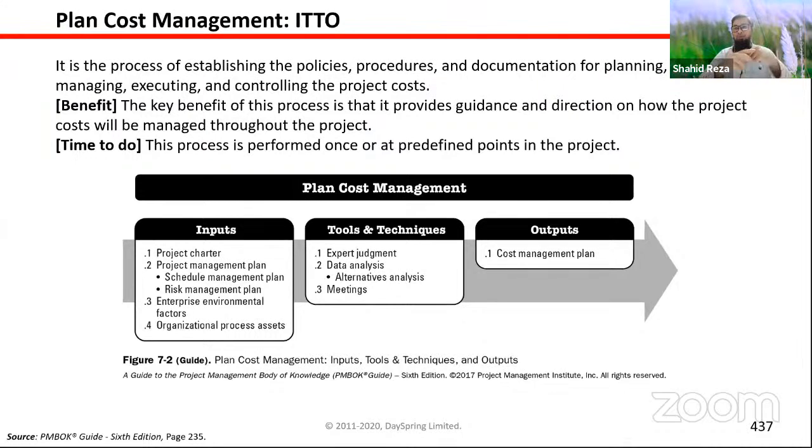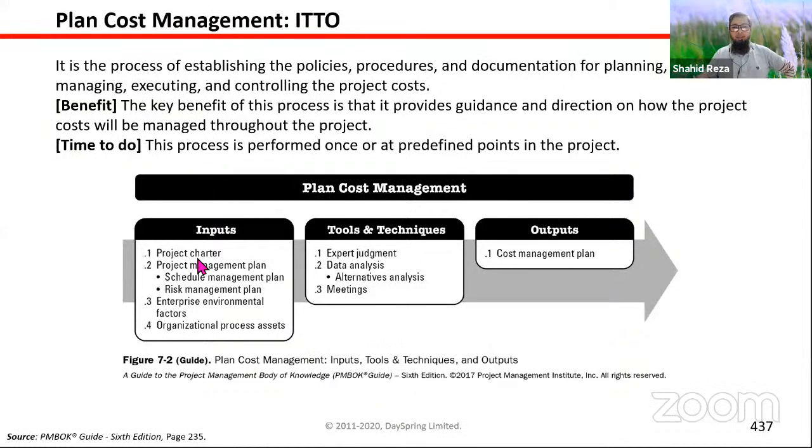So that reporting format you have to define in the cost management plan, so that your project follows that format when they deliver or provide reports to the management. So these are the responsibilities of the cost management process, and the cost management plan will have all those details.